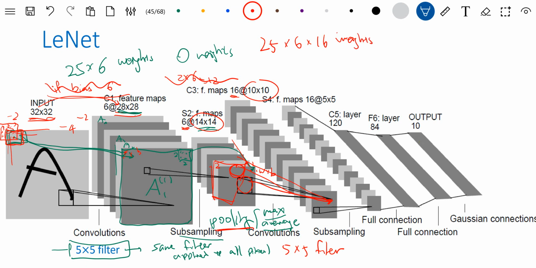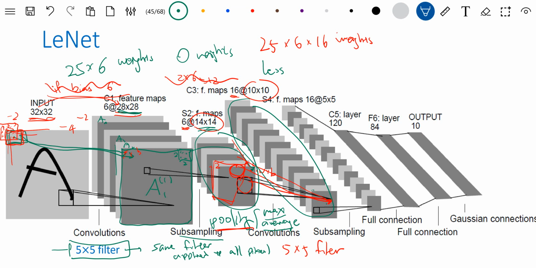So again, the problem is in the original paper, it's not fully connected. I remember the first 3 maps are connected to the first one, and the first 4 are connected to the next one, and so on. So basically, it's not all 6 connected with all 16, so you have less.